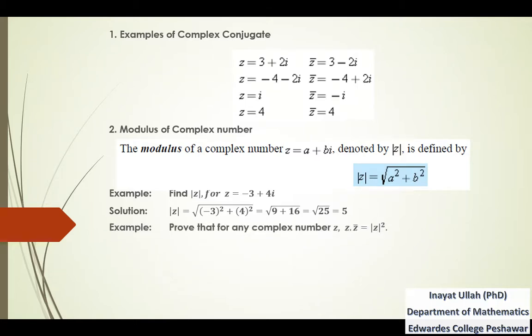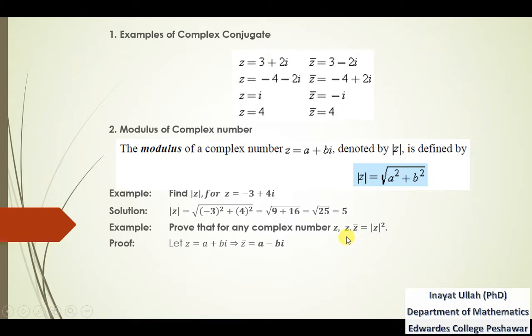That is an example that for any complex number z, if you multiply the complex number with its conjugate, then the answer will be the square of its modulus. That is a very popular result, maybe included in MCQs, that z into z conjugate is equal to the modulus of z square.